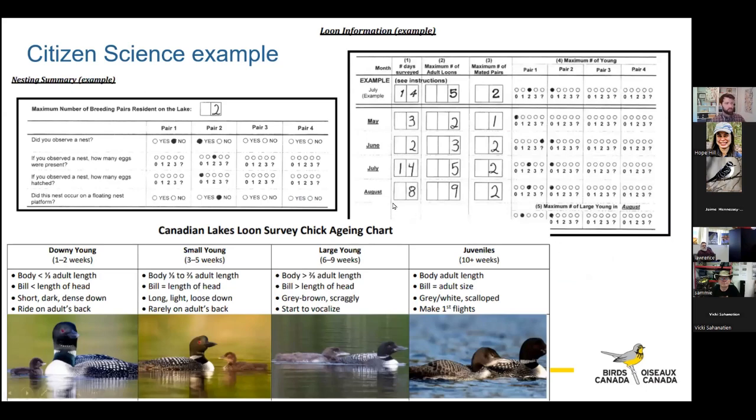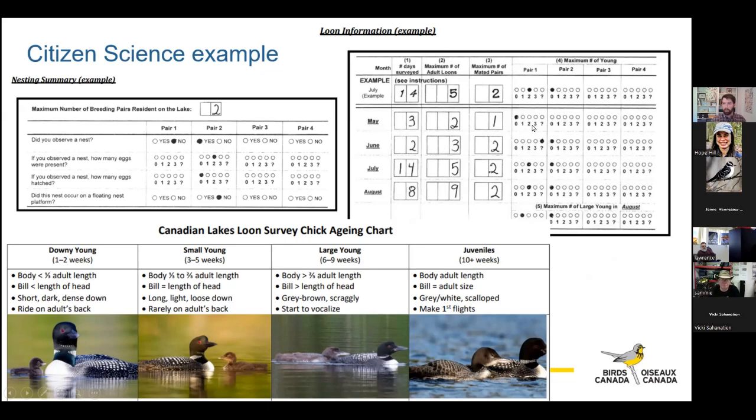And so for this survey, they're not asking you to go out on a specific day. You're not trying to do a 5-minute count and see how many loons you can count, but you're surveying throughout each month. As many times as you happen to get out, you're looking for counts of adult loons that you saw on your lake.